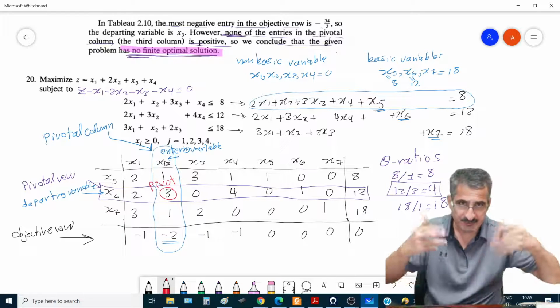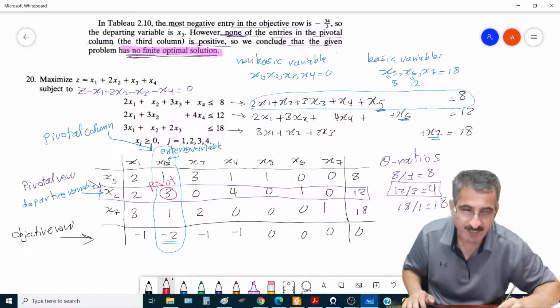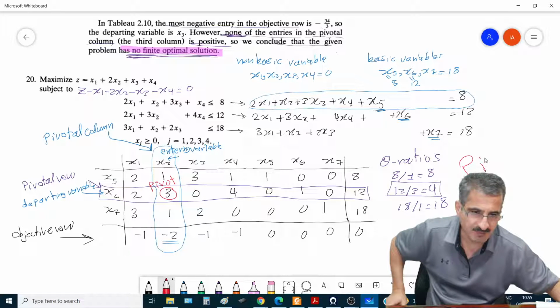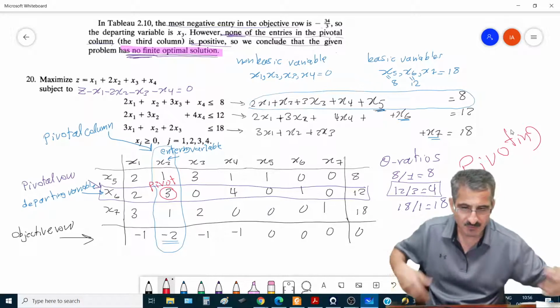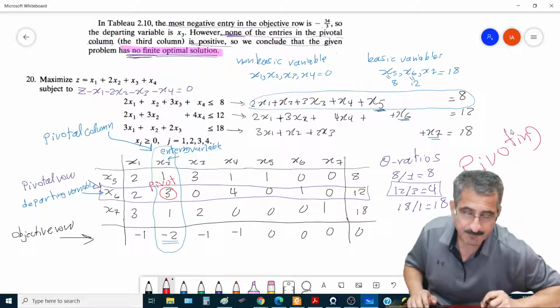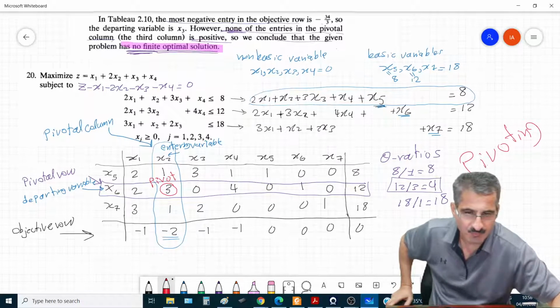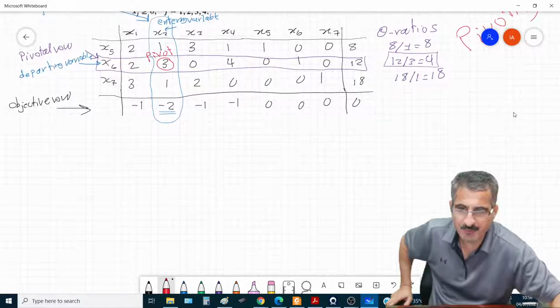And the whole process we are doing is called pivoting. So we will be pivoting, which means obtaining the new table as we have done before. Okay, so we will do row operations.